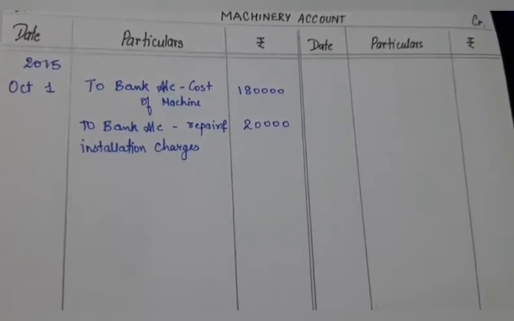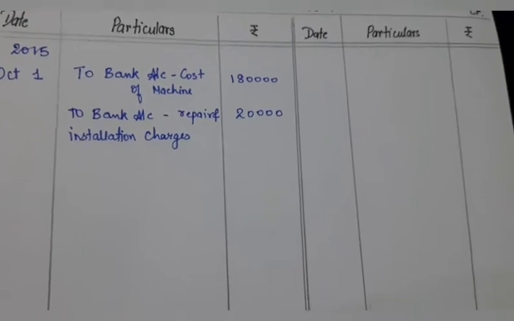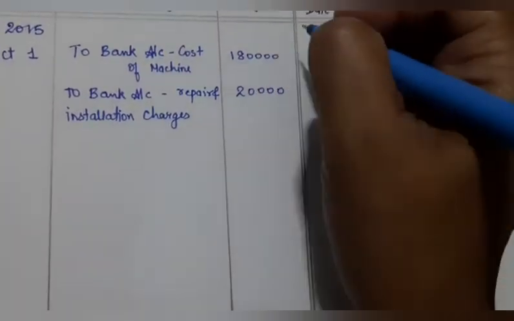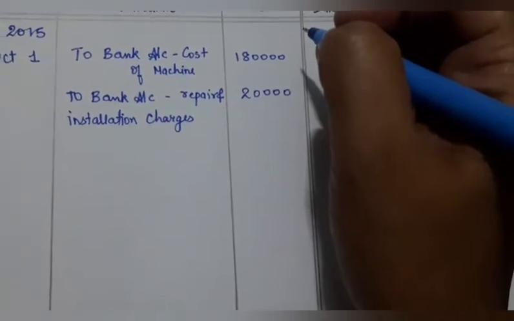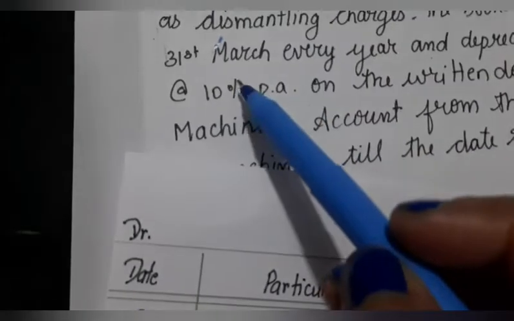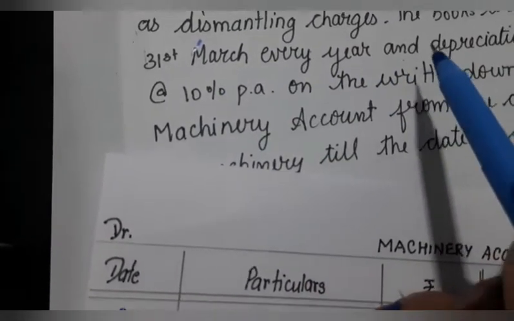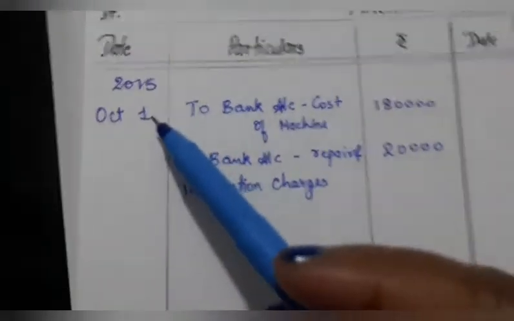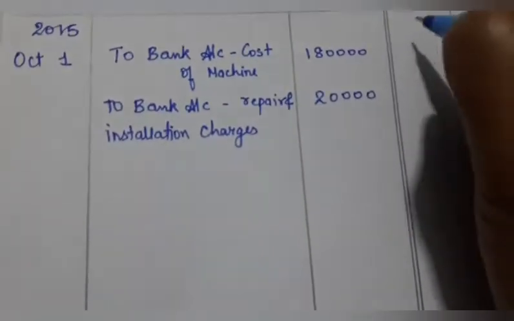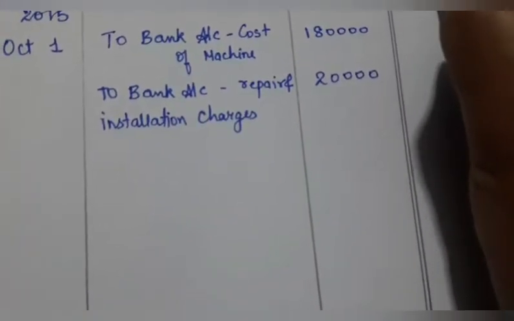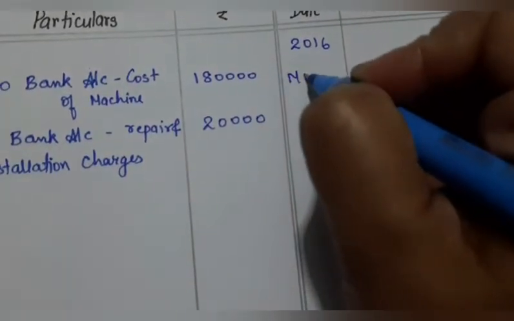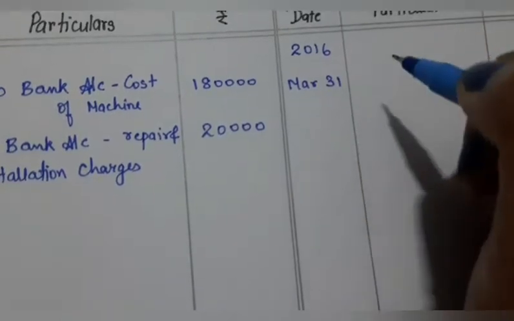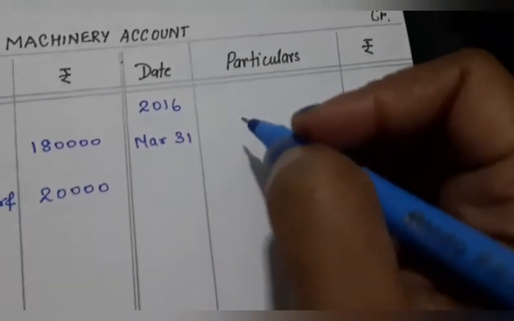Now, the second entry is related to charging of depreciation. We know that at the end of every financial year, you are supposed to charge the depreciation. So, it is given in the question that on 31st March every year, the depreciation is charged. So, this is 2015. In 2016, March 31st, we will charge depreciation on this particular machinery.